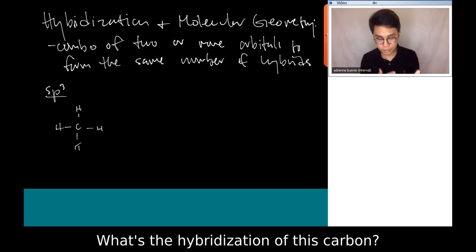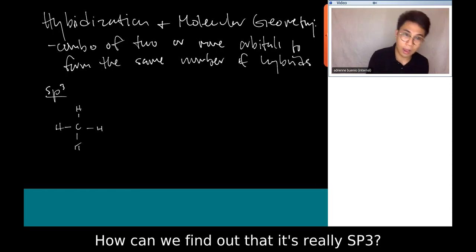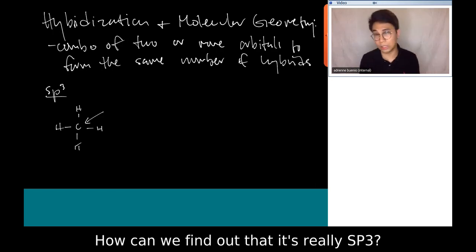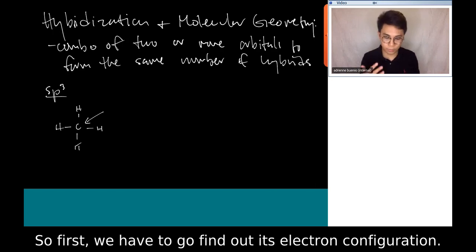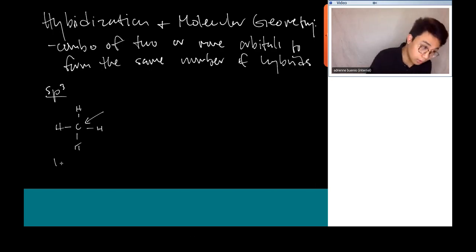What's the hybridization of this carbon? How can we find out that it's really sp3? First, we have to find out its electron configuration, and it happens to be 1s2, 2s2, 2p2, right?